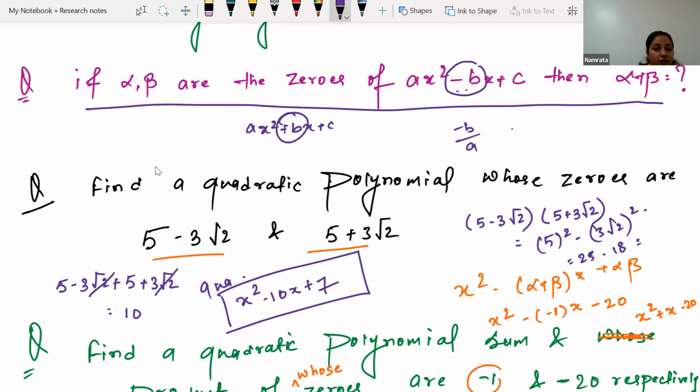So in our equation we are already having minus b, so in minus b by a we will be writing minus of minus b by a. Are you getting it? Yes, ma'am. That is b by a.